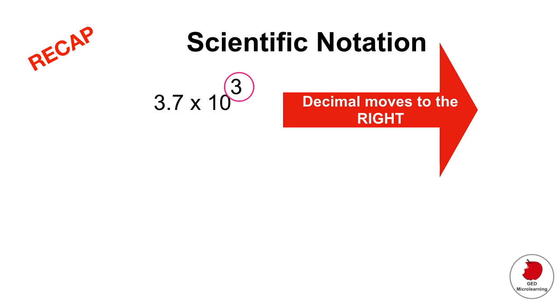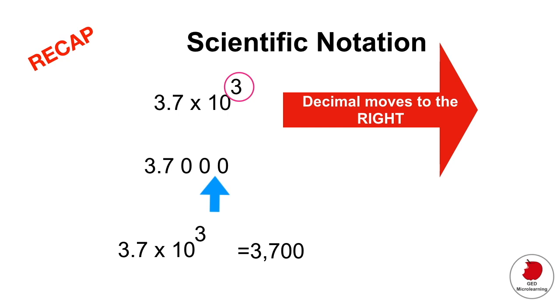So if we rewrote just the 3.7 and put a few zeros behind it, it's telling me I have to move this decimal point 3 spots to the right. So 1, 2, and 3, which comes up to 3,700, and that is the same as saying 3.7 times 10 to the third power.